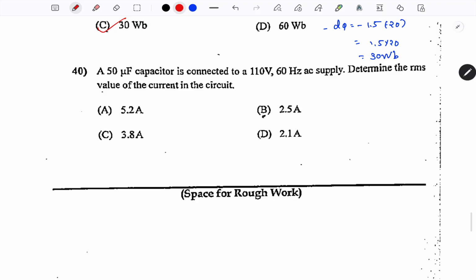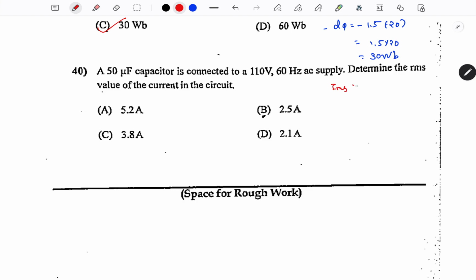Next question. A 50 microfarad capacitor is connected to a 110 volt 60 hertz frequency AC supply. Determine the RMS value of the current. Only a capacitor is given.